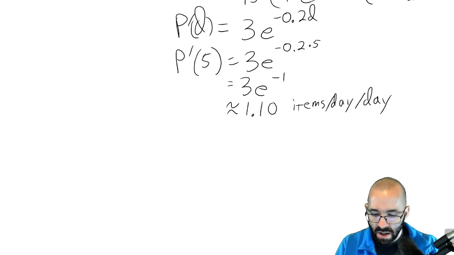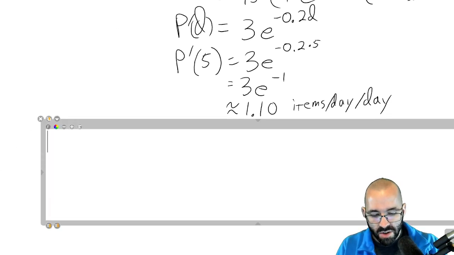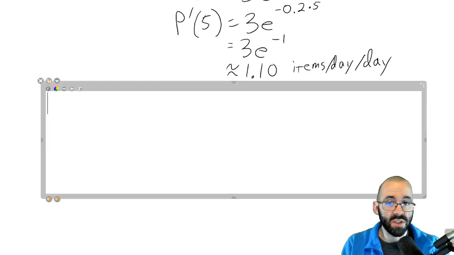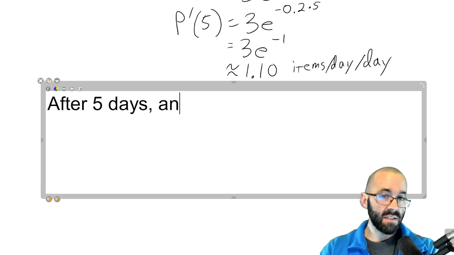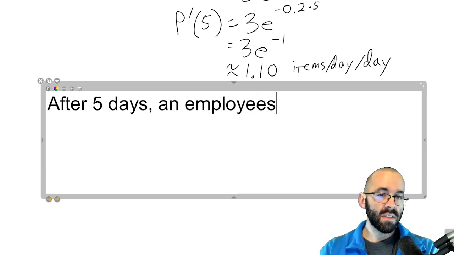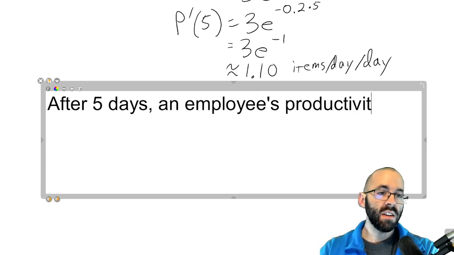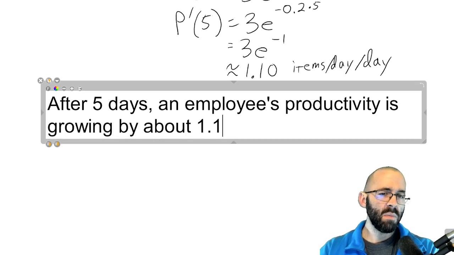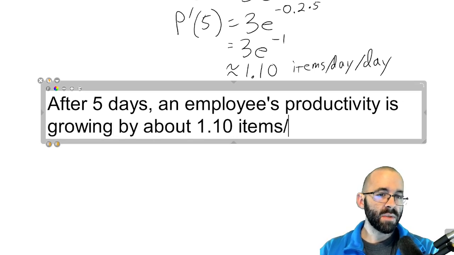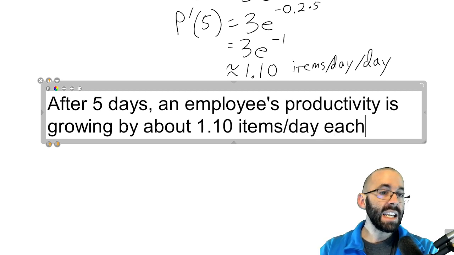Okay, so a couple of ways that you can interpret that. I'll give you 2 ways you can interpret this. One is after 5 days, an employee's productivity is growing by about 1.10 items per day each day.